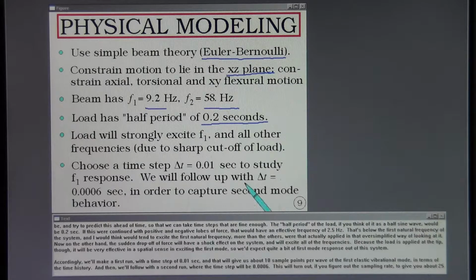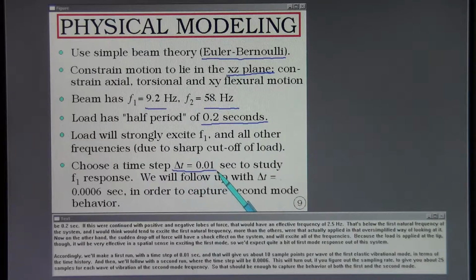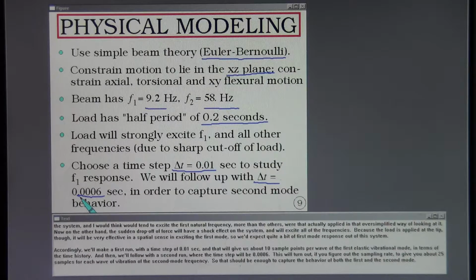Accordingly, we'll take a first run with a time step of 1/100th of a second, and that will give us about 10 sample points per wave of the first elastic vibrational mode in terms of the time history. And then we'll follow with a second run where the time step will be 0.0006.